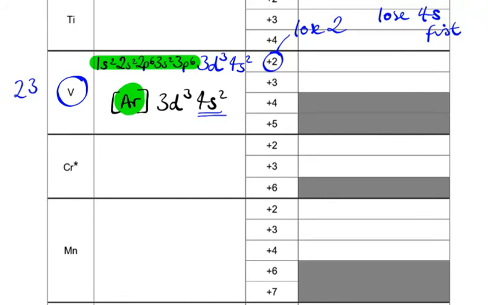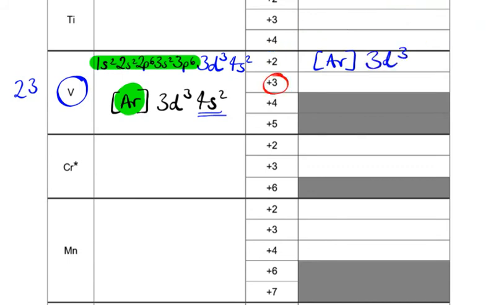So the electron configuration for the vanadium 2+ ion will be that inert gas argon core, so 1s2, 2s2, 2p6, 3s2, 3p6 if you're writing it out in full, and then just the 3d3.